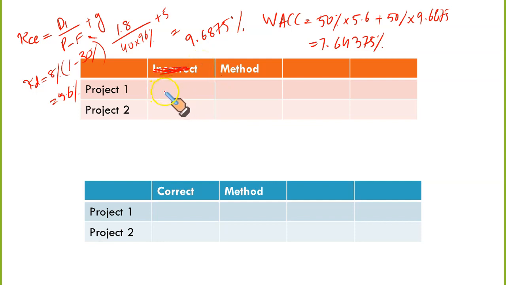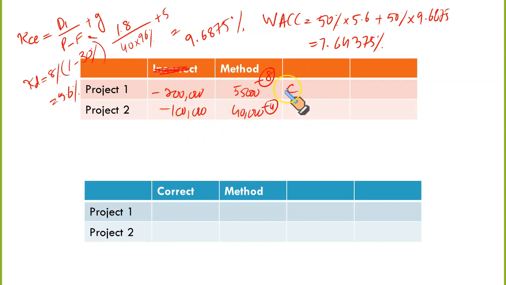So first, we have 200,000 outflow and there are 55,000 inflow in each of the next 8 years. Second project, 100,000 outflow and there are 40,000 inflows in the next 4 years. And I'm sure you know what to do. You will use your financial calculator.